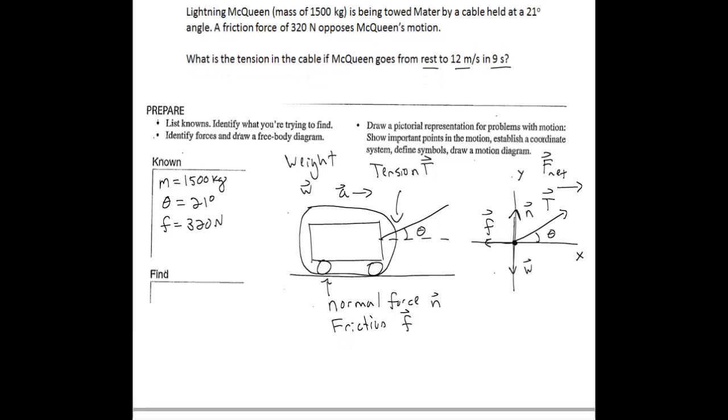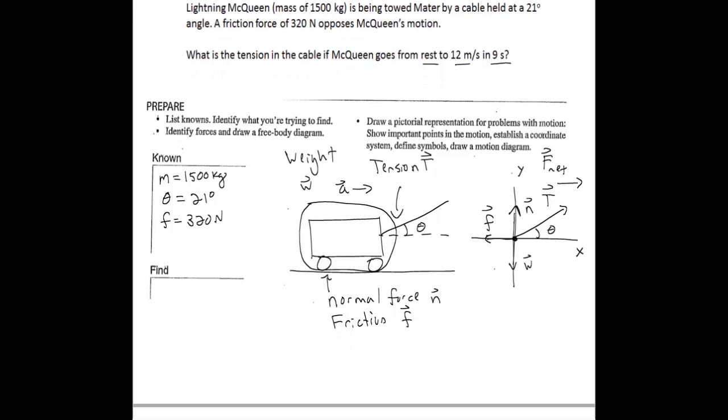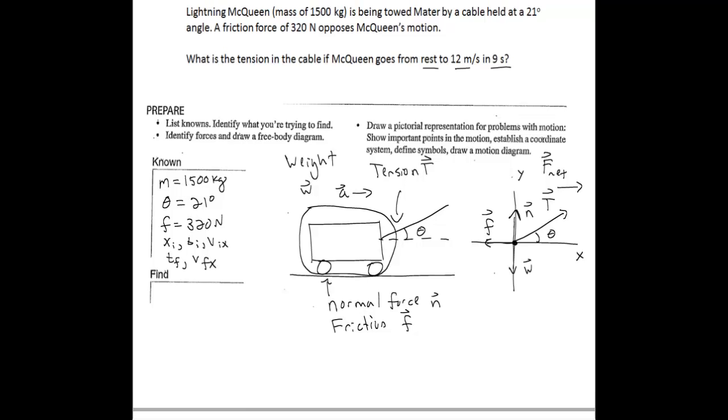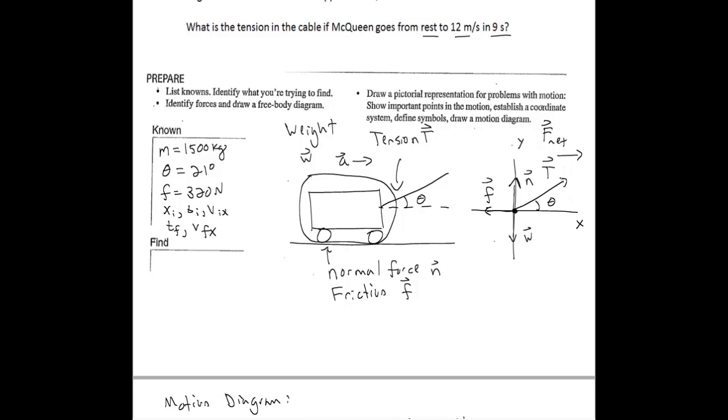We also know things about the kinematics: the initial position, the initial time, the initial velocity, the final time and the final velocity. What else is there? We don't know the tension, T. In fact, that's what we're trying to find. But as an intermediate step, we're also going to need to find the magnitude of the acceleration in the x direction, a_x.